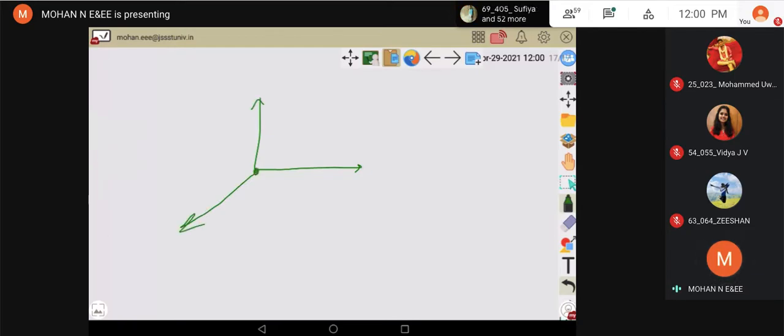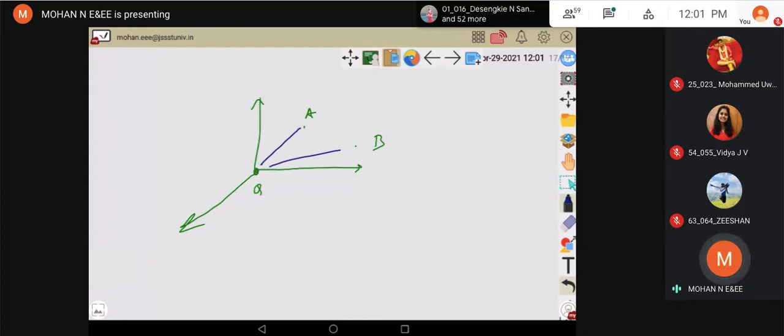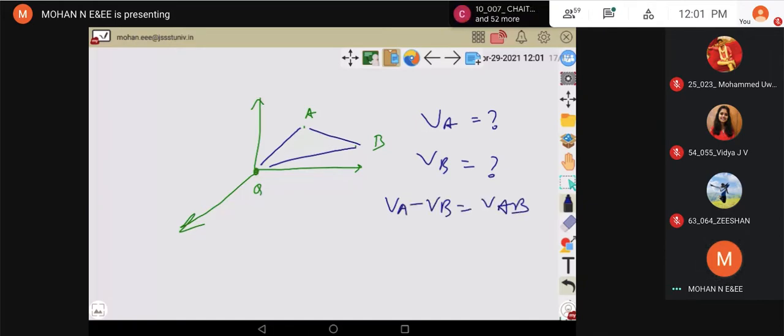I have points A and B here, and I have to find VA and VB: the potential at A due to the charge at origin and the potential at B due to the charge at origin with respect to the reference. Similarly you can solve for VA minus VB, that becomes VAB.